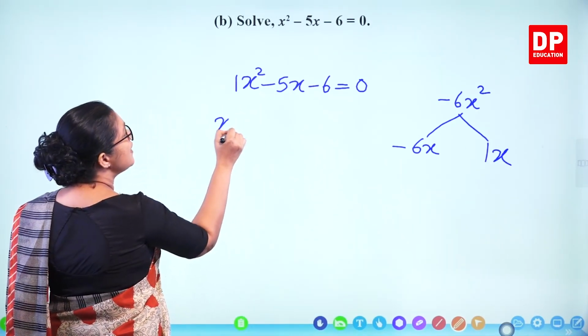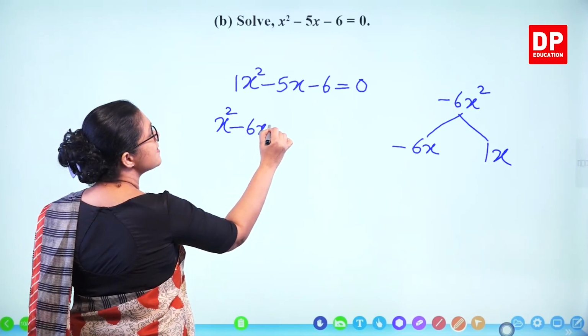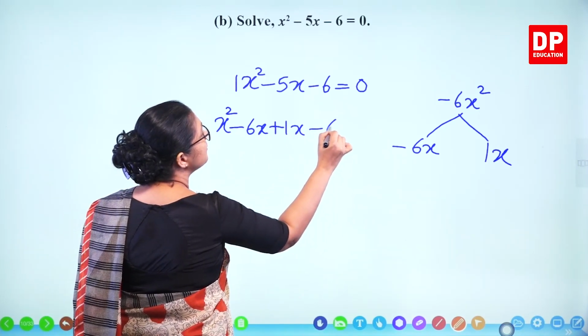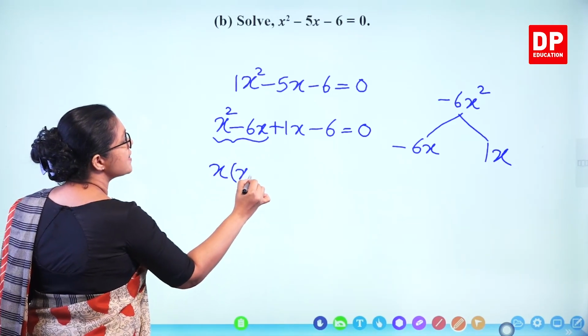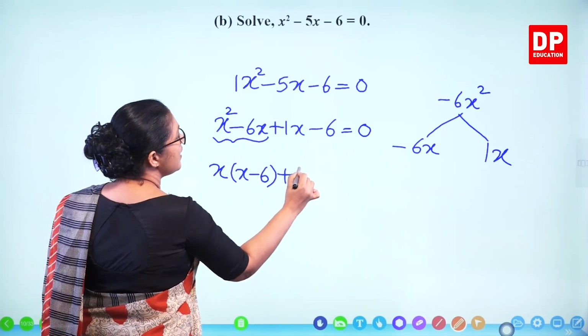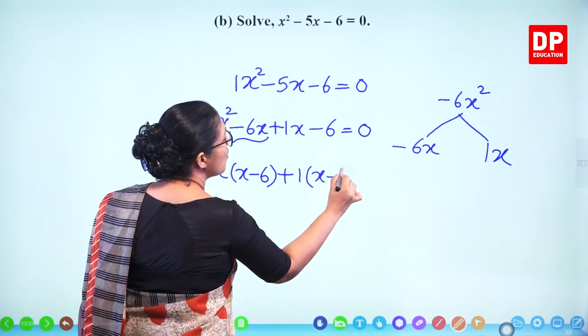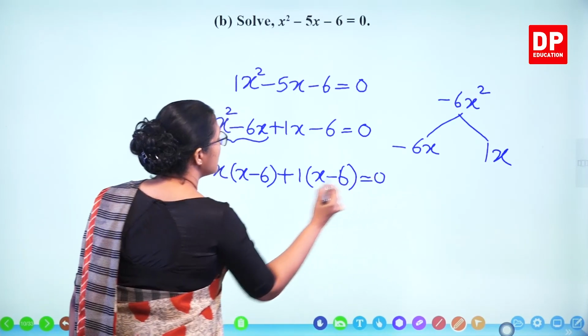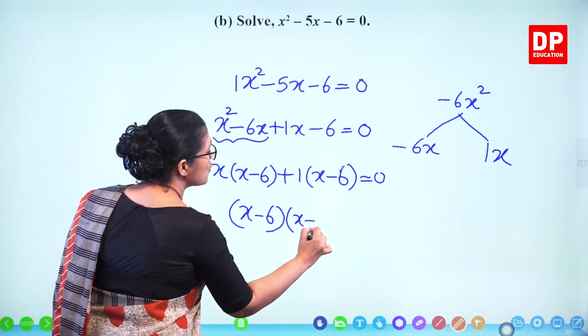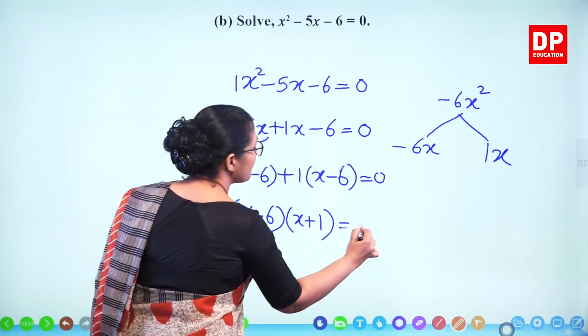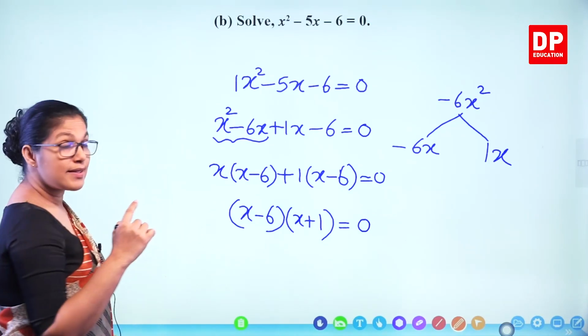So you can split the middle term to minus 6x and plus 1x. Take the first two, factorize. And here 1, take it out, factorize. So x minus 6 and x plus 1. So what are the solutions?